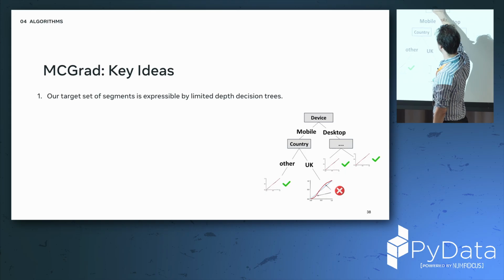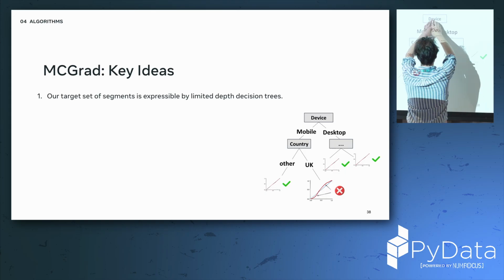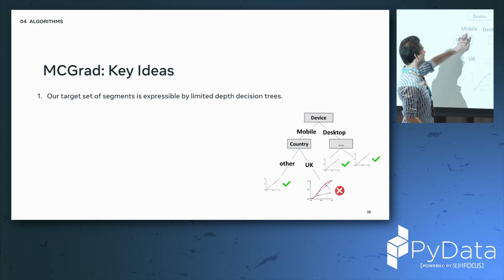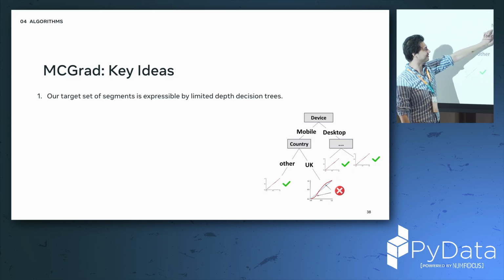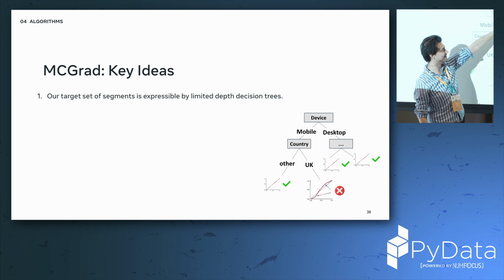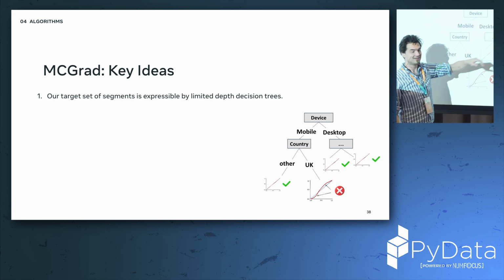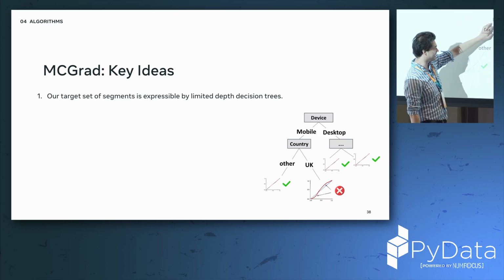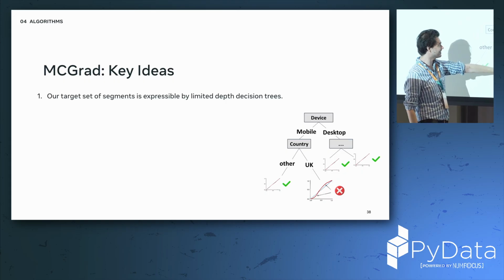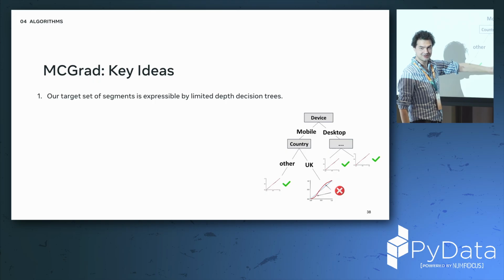Here you have all your data, that's the root node. Then you split, and it's split on device. Here you have the data set of mobile users, and here the data set of desktop users. Then a decision tree can do this recursively, so you can split again. Here you have a data set of mobile users in the UK.